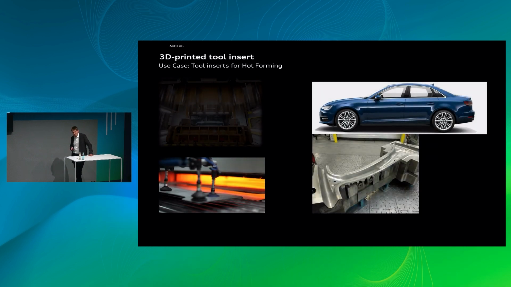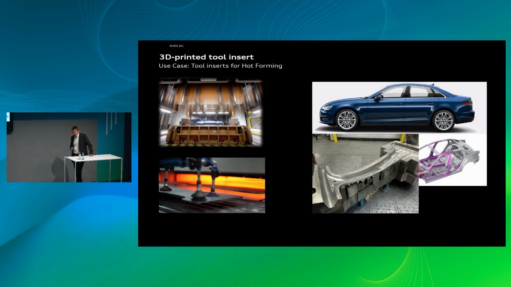One of the big columns is the manufacturing of hot forming tool inserts with conformal cooling channels. You see a press line here, and also a picture of the process itself. Sheet metal is inserted into a tool segment at 850 degrees and cooled down within 8 seconds to 200 degrees.